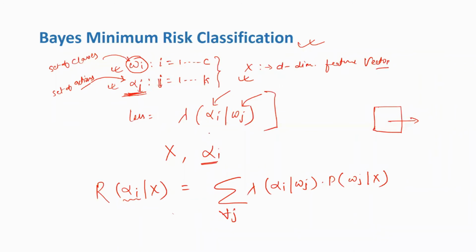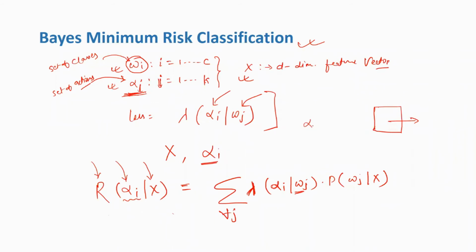Now tell me, when you are taking some action given some feature vector x, there is always some risk involved. The risk is calculated when some action alpha i is taken given feature vector x. The risk is given by the loss function while taking the action alpha i given some omega j, some other class.